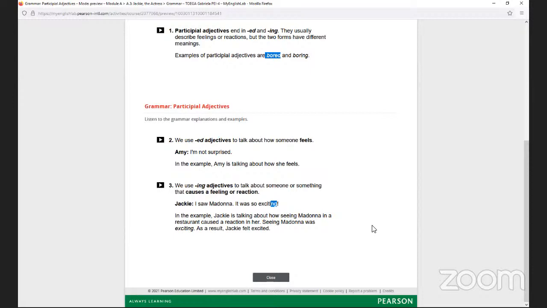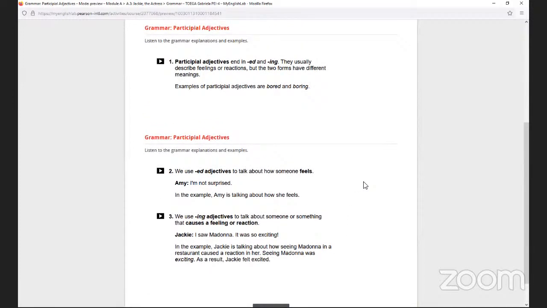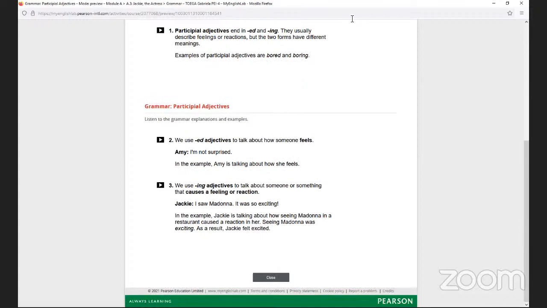Because this is an action that we are describing, that I saw her. I am not talking about Madonna, okay? That is the only difference between these two. Now, did you remember about these participial adjectives? Yes. Perfect. Okay. So let's go now to the platform and let's do the participial adjectives.